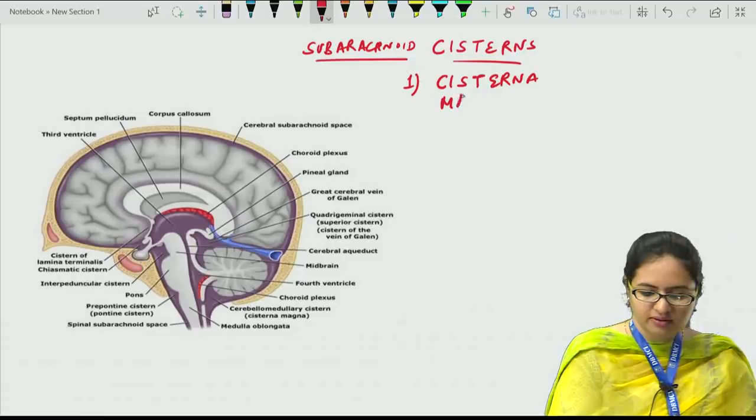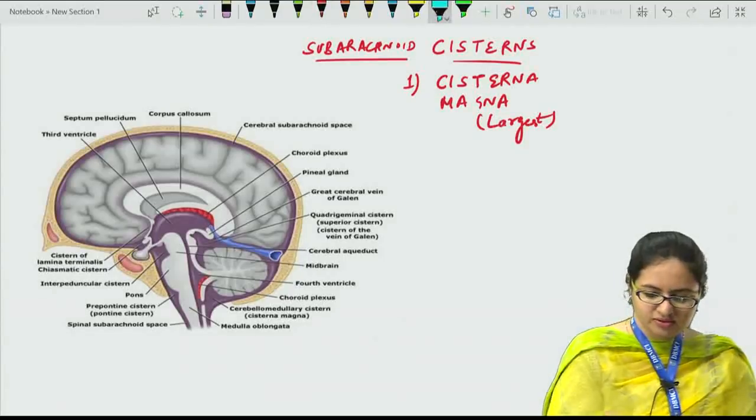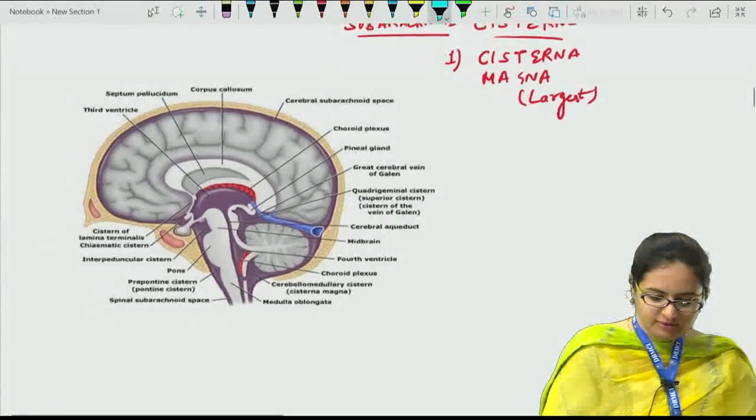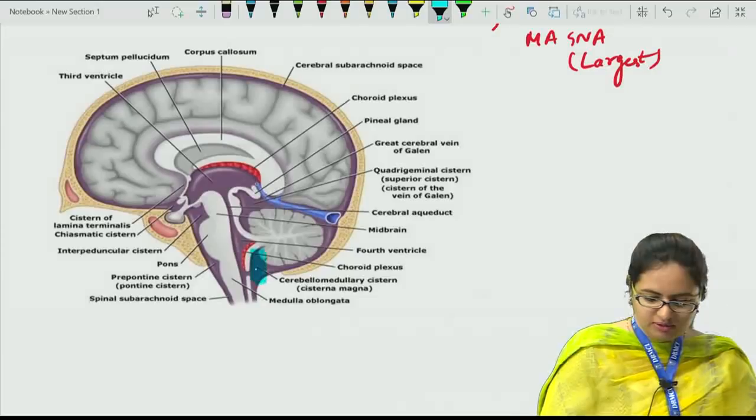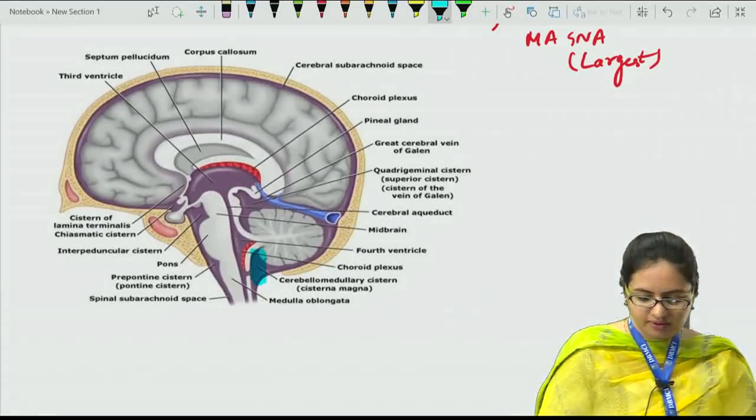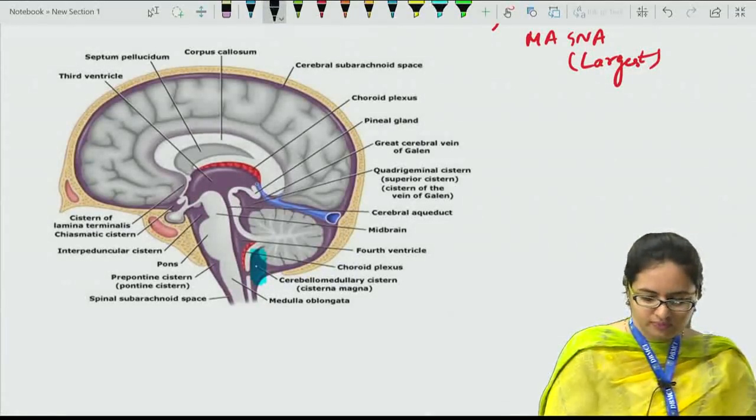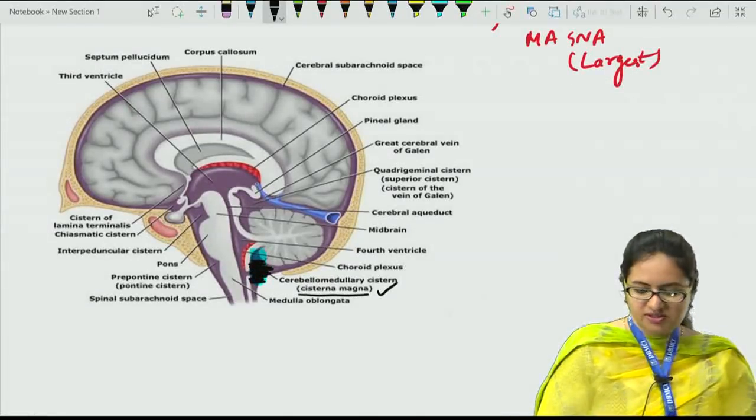This is the largest. And if we focus on this picture, this is the location of the cisterna magna. It is present over here. So one of the cisterns is the cisterna magna.